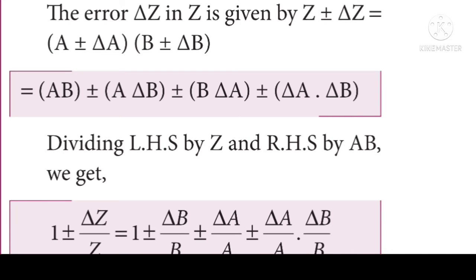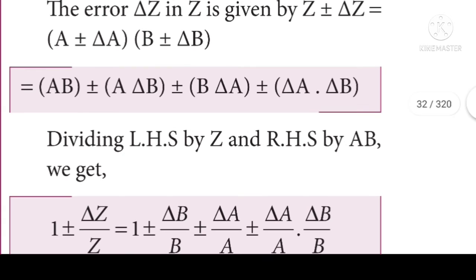Then we will get 1 plus or minus del Z by Z is equal to 1 plus or minus del B by B plus or minus del A by A plus or minus del A by A dot del B by B.